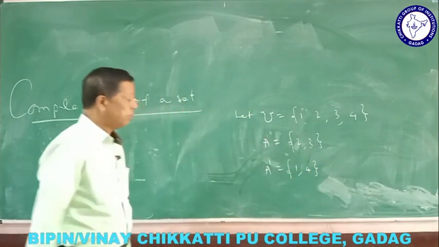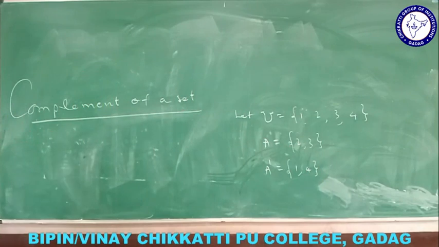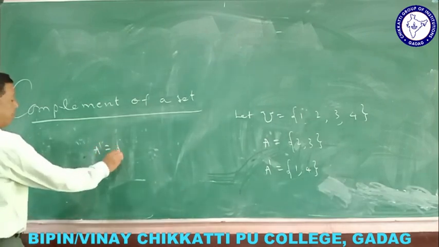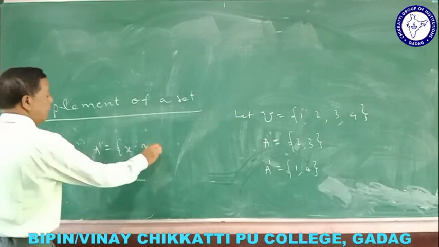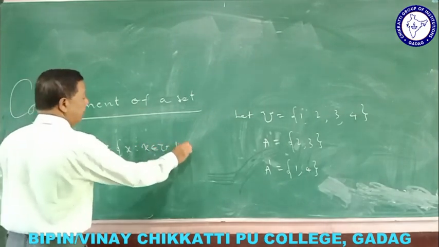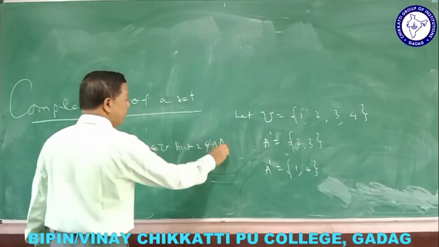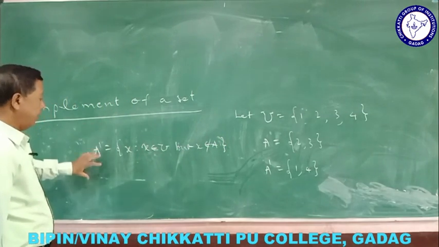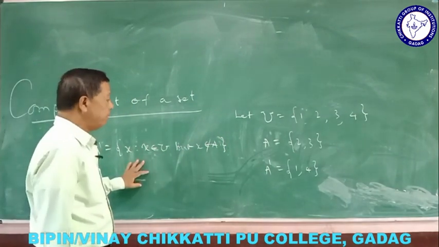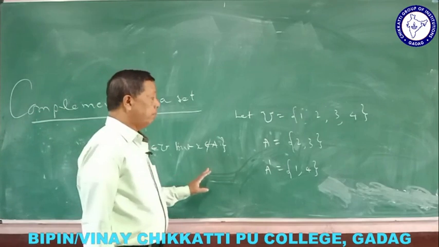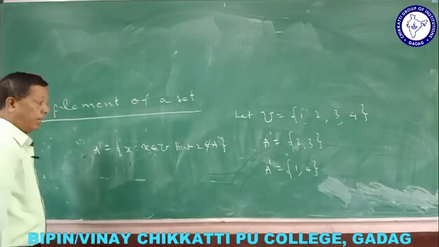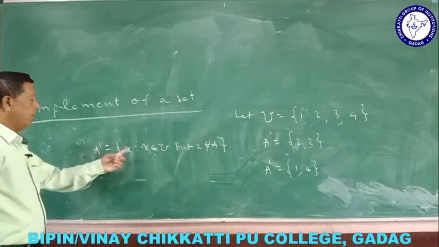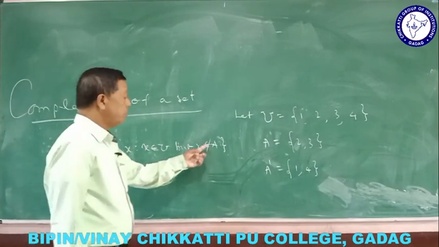In set builder form, the complement of A is the set of X such that X belongs to U but X does not belong to A. The complement set of A consists of all those elements of the universal set excluding the elements of A. That is called complementation. So X belongs to U, but X does not belong to A.